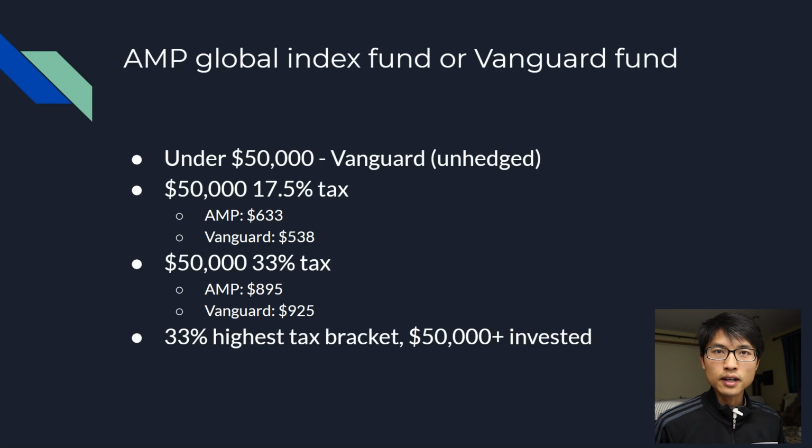Therefore, if you are in the highest tax bracket of 33% personal tax and you have more than $50,000 invested, the AMP Global Index Fund would be the cheaper option for you. In all other situations, the Vanguard fund would be a cheaper option for you.